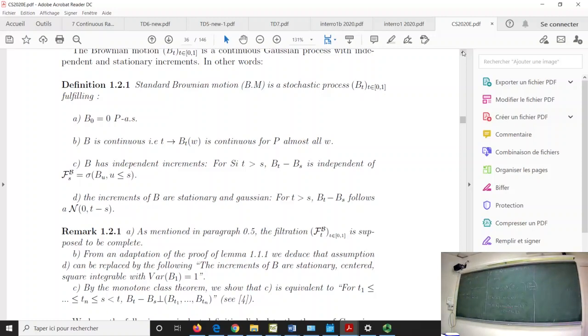So, what is the variance of Bt? I obtain it from this one. It's gamma t, t, that is t. The variance of Bs is s.